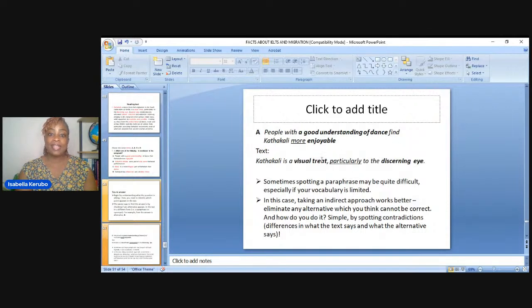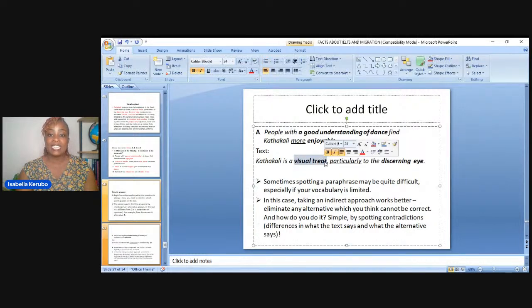So yes, and then this also here, in the text we read that this dance is a visual treat, and up here in answer option A, they are talking about more enjoyable. Of course, if something is described as a visual treat, this has to do with something that is fun, something that is enjoyable to watch or to see.